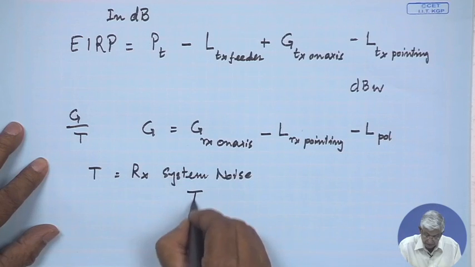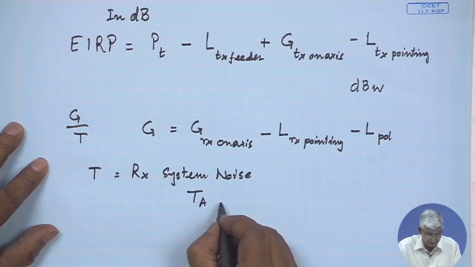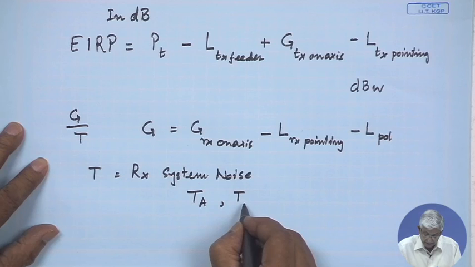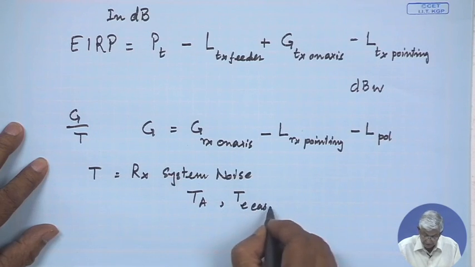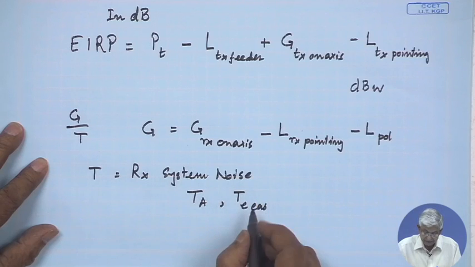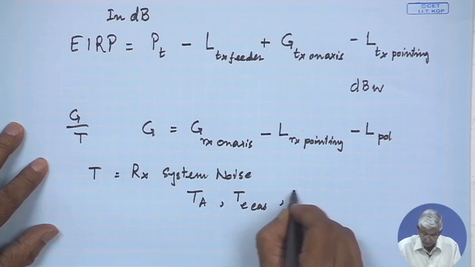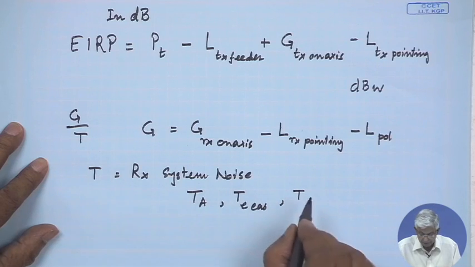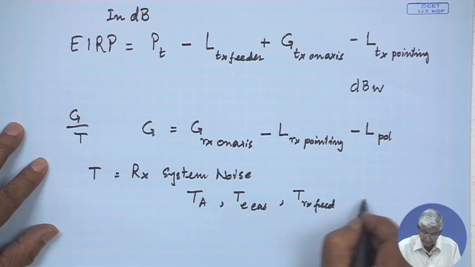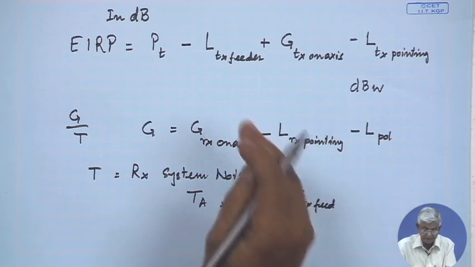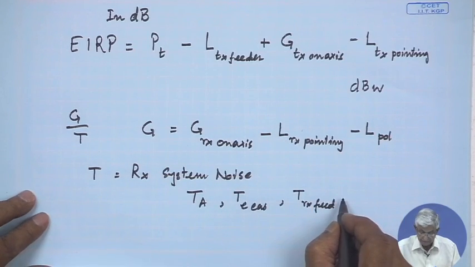That includes the antenna noise it has received, the cascaded receiver subsystem's system noise, the effective noise temperature, and also the feeder from the antenna to the receiver, whose temperature will appear as a loss.